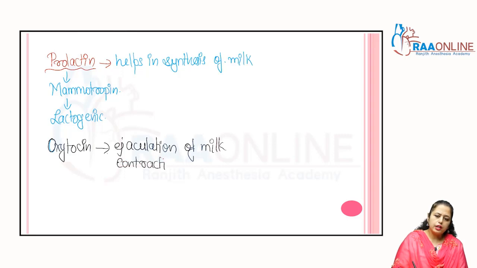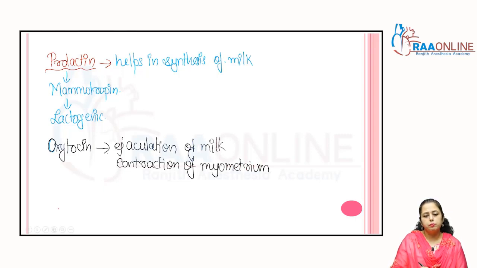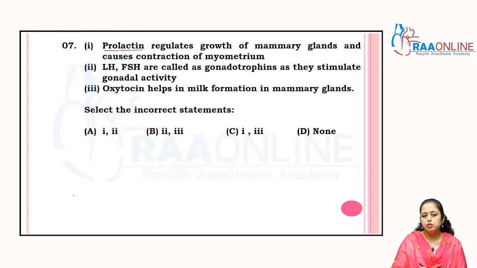It helps in the contraction of the myometrium, that is the uterine muscles, at the time of labor, to cause the labor pains. So this is the function of oxytocin actually, it's not the function of prolactin. So that statement is wrong, right?